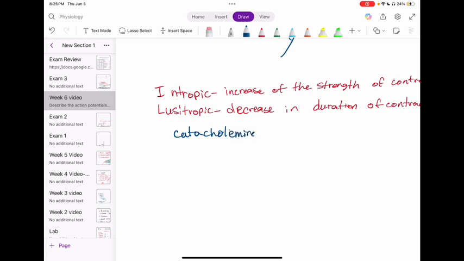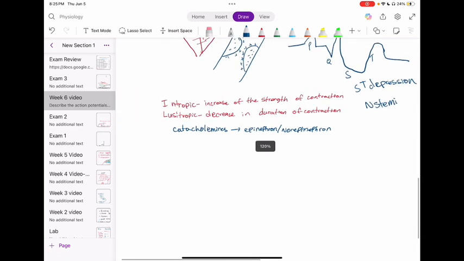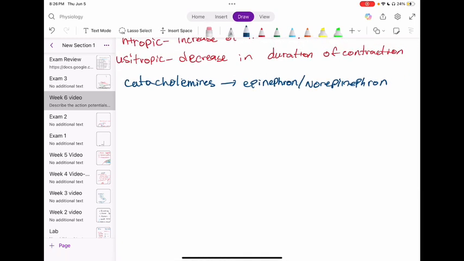This is referring to things such as epinephrine and norepinephrine. And they will bind to adrenergic receptors. And so, these adrenergic receptors that we're going to be talking about in the heart are mainly beta 1.